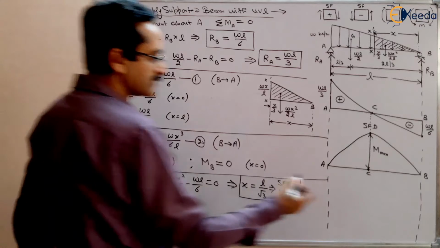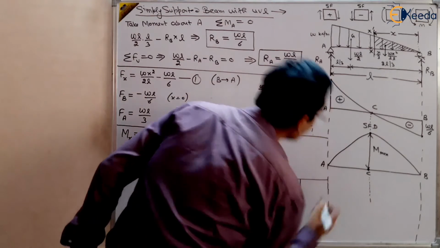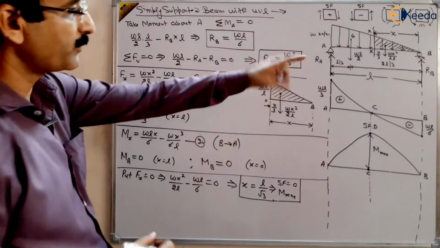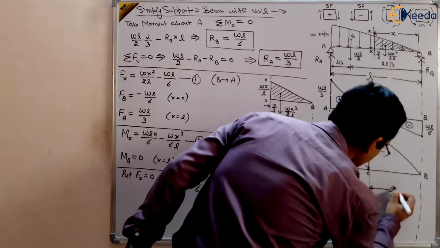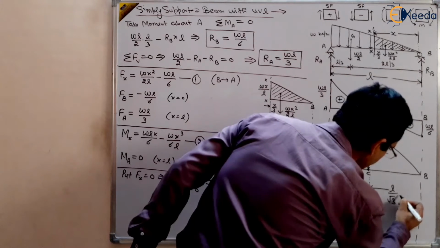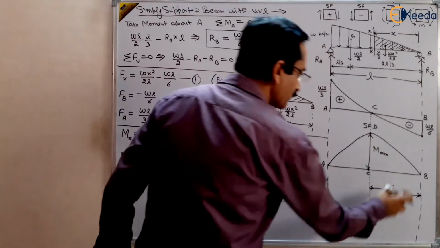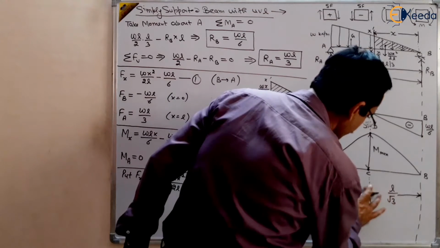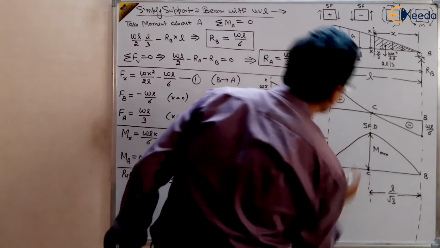So this distance is L by root 3 basically. From where? We are taking x from B. So from B, this distance is L by root 3, where the shear force is 0 and bending moment is maximum. This is the case of a simply supported beam.